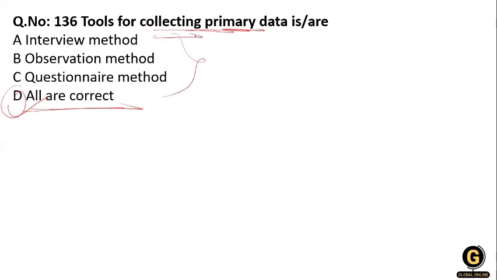In the interview method, we collect data face to face with people. In observation, we observe the general public. In the questionnaire, we give people questionnaires to fill in, or we ask the questions and fill the questionnaire ourselves. So this is all primary data.